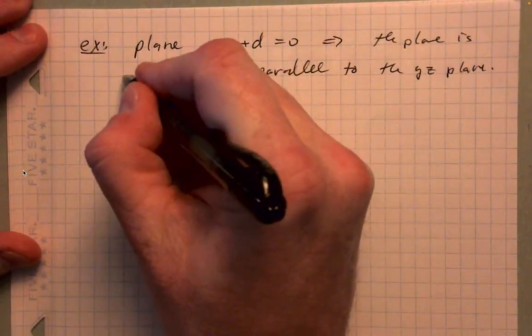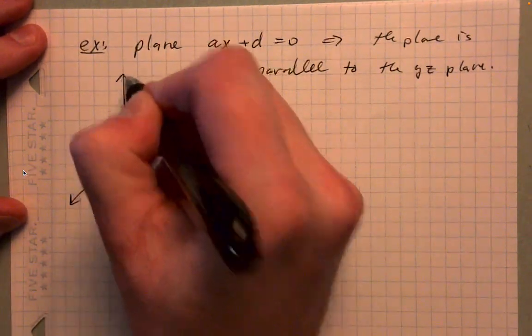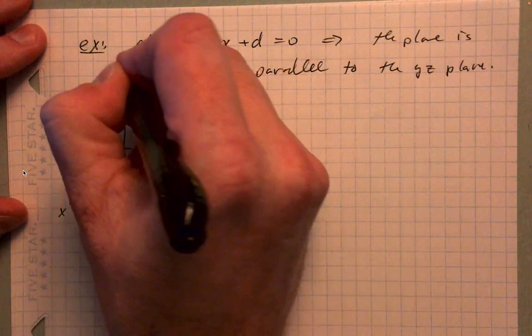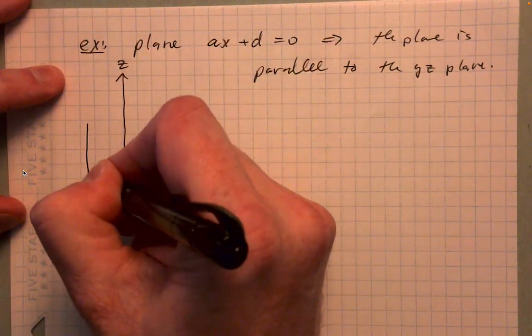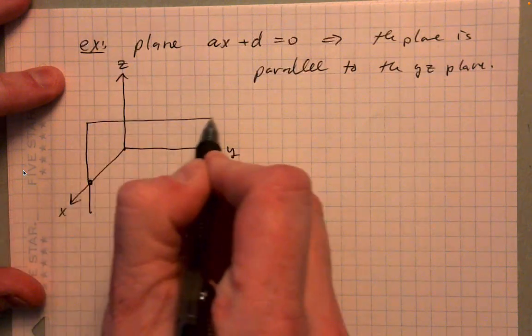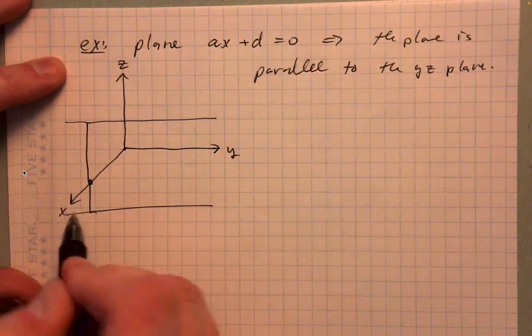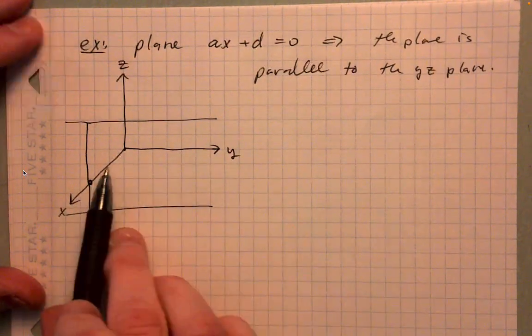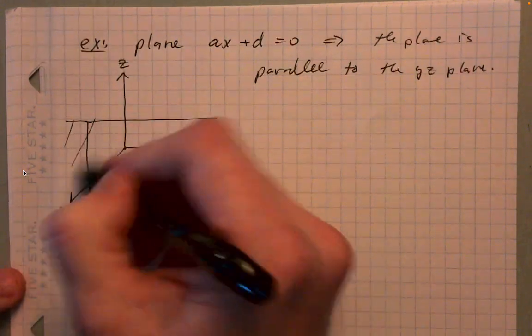So if you were to try to draw this x, y, z, so it's going to intersect the x-axis, right? But then it's just going to go like this. It's going to run parallel to the y-axis, and it's also parallel to the z-axis. Okay, so it never crosses them.